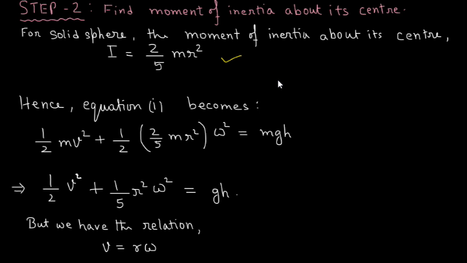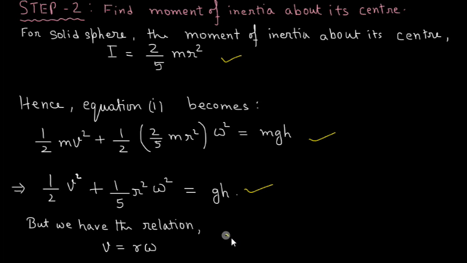For solid cylinder it is something else, you have to remember those things. Hence from equation 1, it becomes half mv square plus half, instead of I, we can write 2 by 5 mr square, omega square is equal to mgh, and upon solving we get half v square plus 1 by 5 r square omega square is equal to gh.